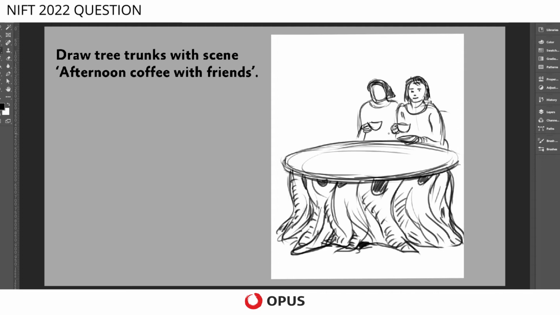So it shall seem like they are all having a friendly get together, and sitting behind this table.